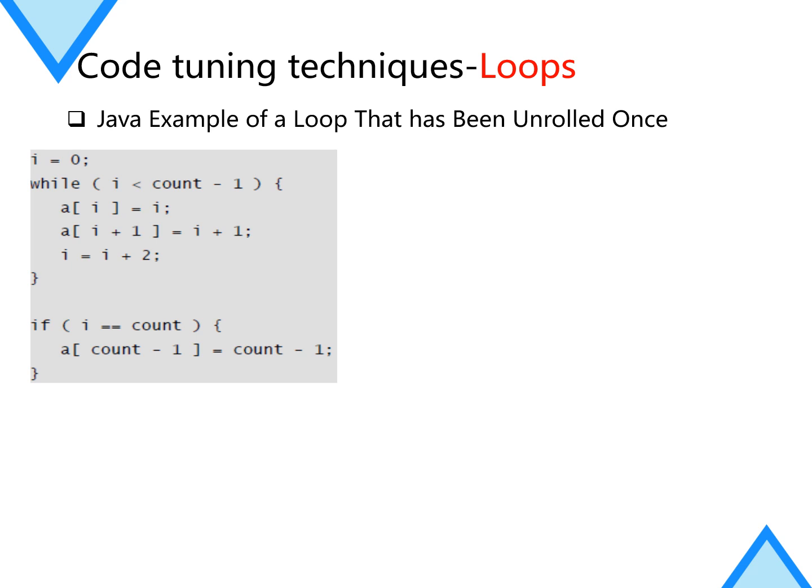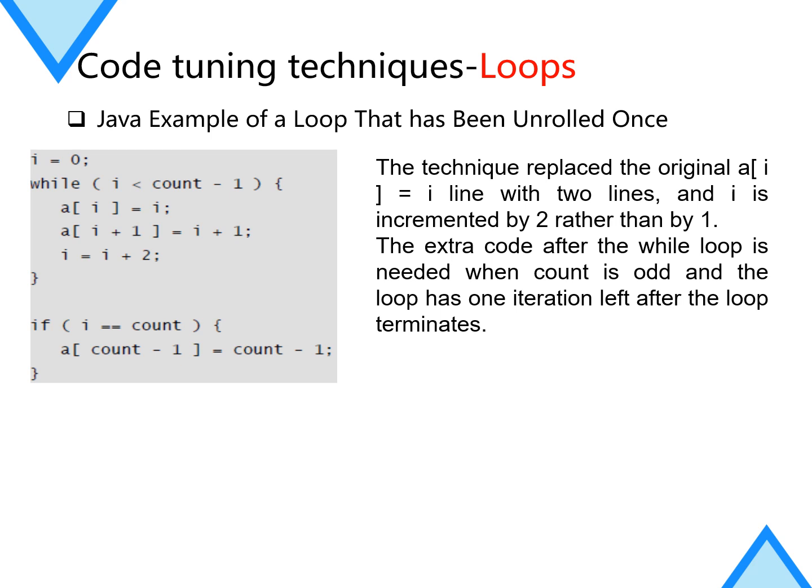Here we handle the one iteration. We assign I to a[I] and we assign I plus 1 to a[I+1], and we increment the loop by 2 here. So through this statement, the increase of the statement, we save the loop iteration by 1.